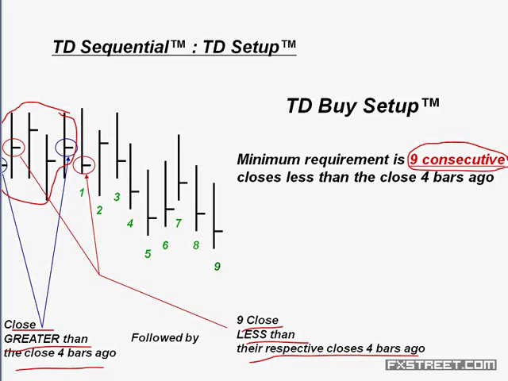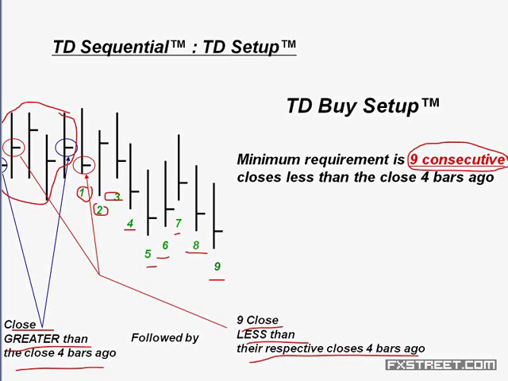Every single day, week, or month, or minute, this criteria must be fulfilled. So we can see here bar 1, 2, 3, 4, 5, 6, 7, 8, 9. Each of them consecutively have closed lower than 4 bars previous in history.